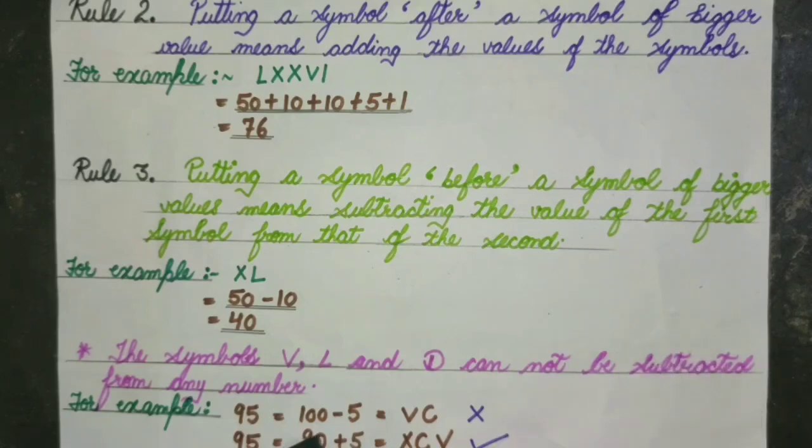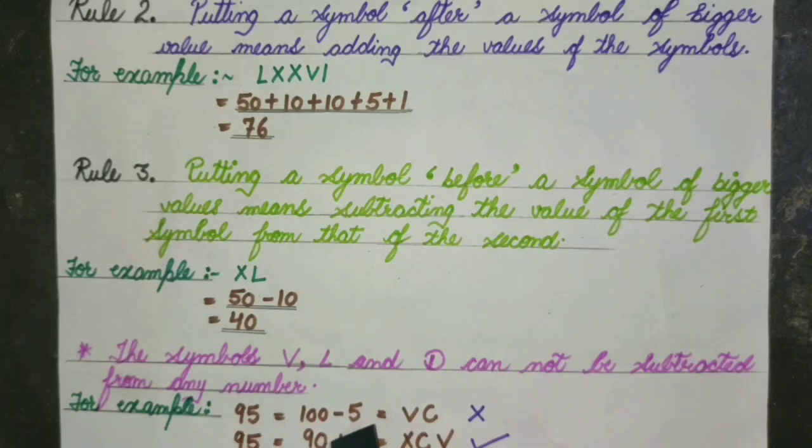So how to write 95? 95 will be written as, first of all, 90 plus 5. 95 will be converted into the expanded form first, then converted into Roman numerals. 5 we write as V. And how to write 90? When 10 is subtracted from 100.